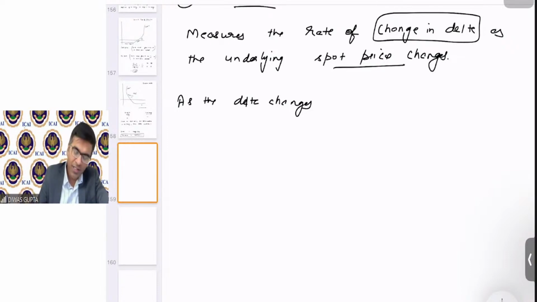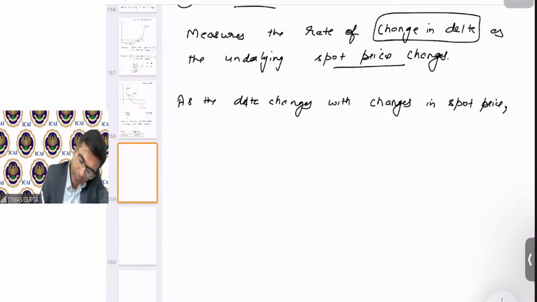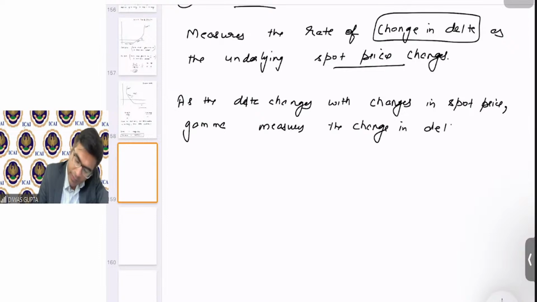So as the delta changes with changes in spot price, gamma measures the change in delta with change in spot price.